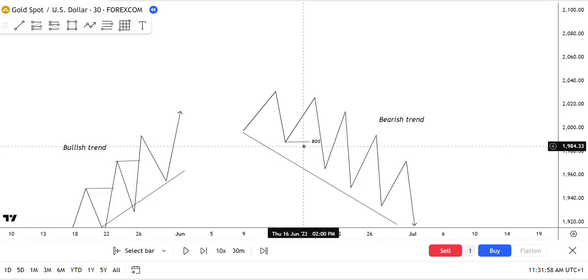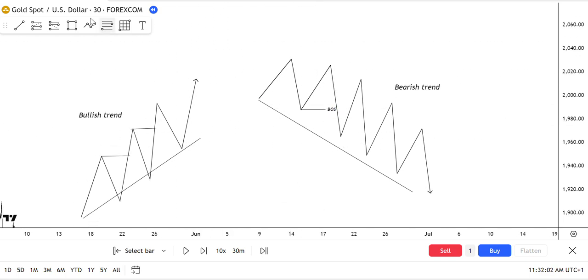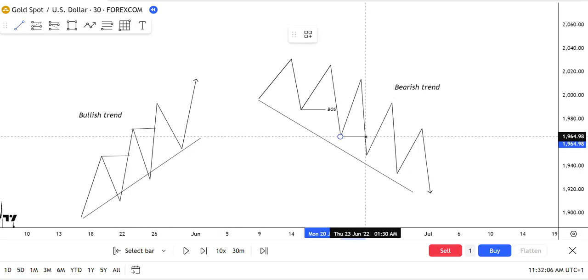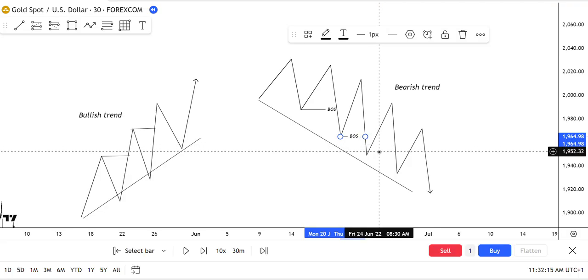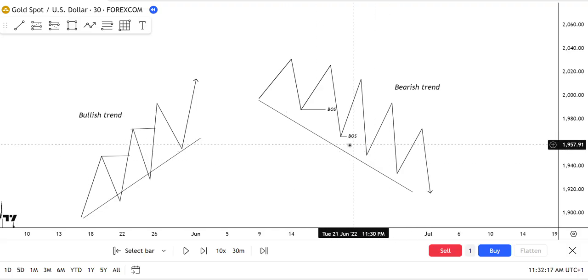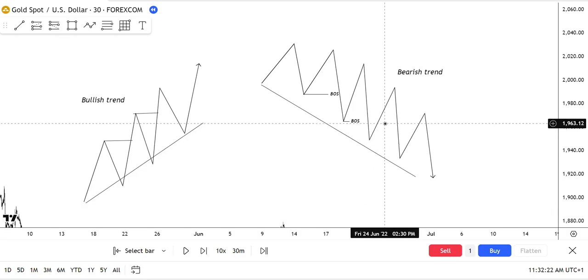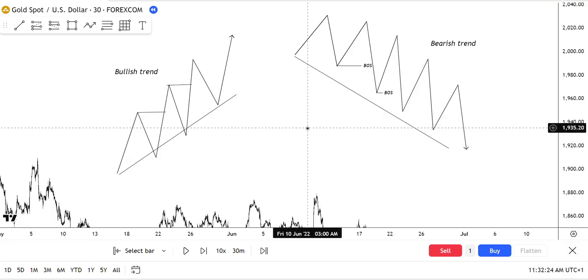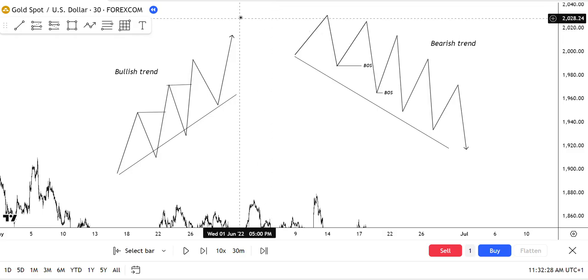Whenever you see a low being taken, that is a break of structure. That is a BOS. So that is what happens in the market that you call a break of structure.